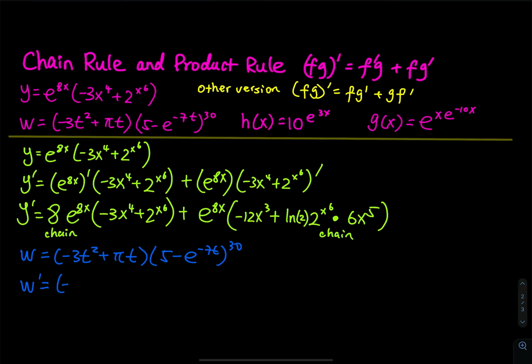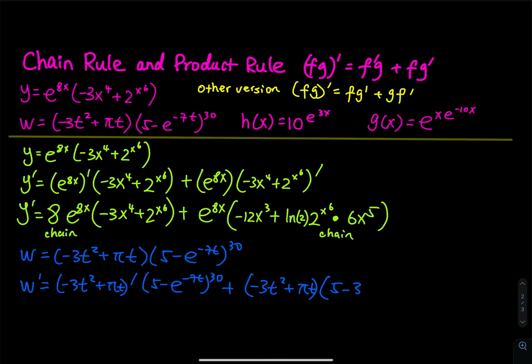So we take the derivative of the first factor, negative 3t squared plus pi t, derivative of this, copy the second factor, 5 minus e to the negative 7t to the 30th power, and then plus copy the first factor, and then multiply the derivative of the second factor. So 5 minus e to the negative 7t, and then 30th power. So we take the derivative of that.